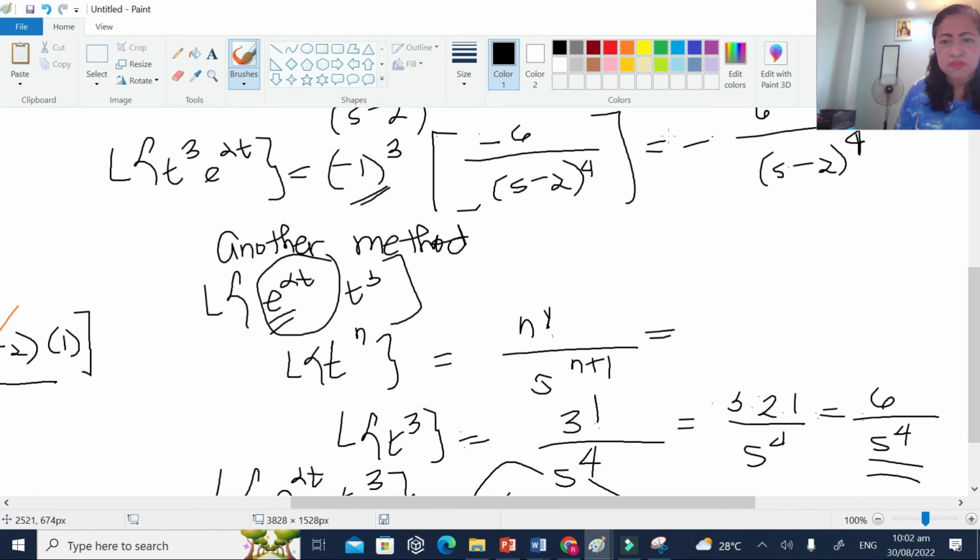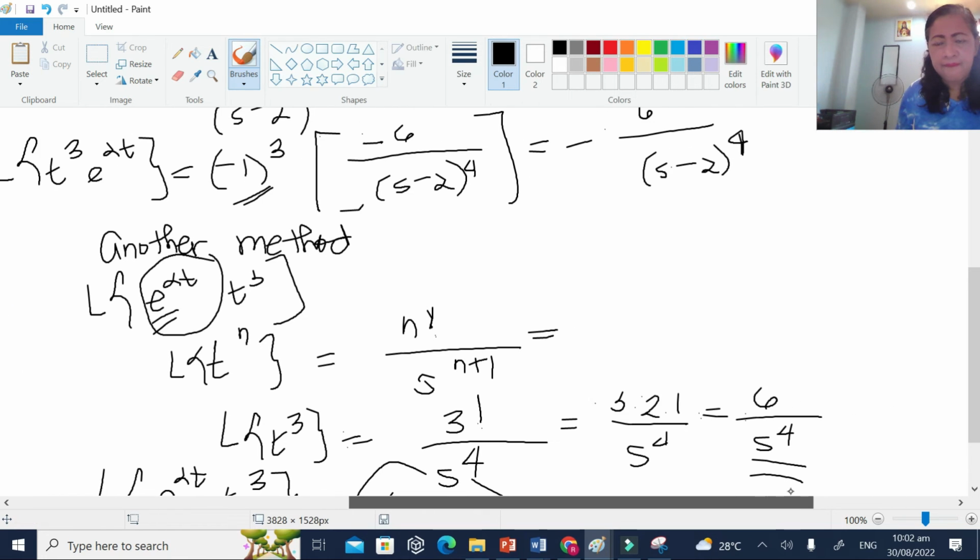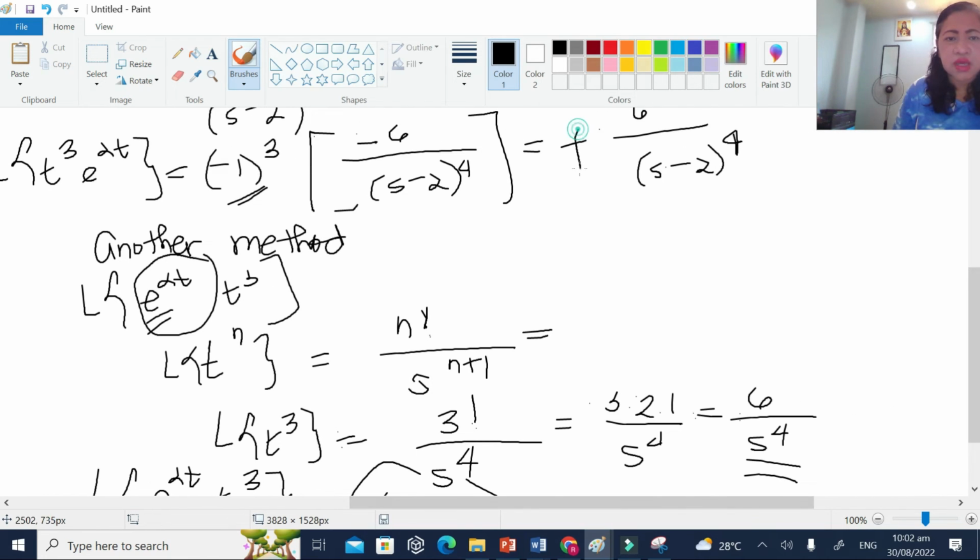This is the same as what we got earlier, and this is positive: 6 over s minus 2 raised to the 4.